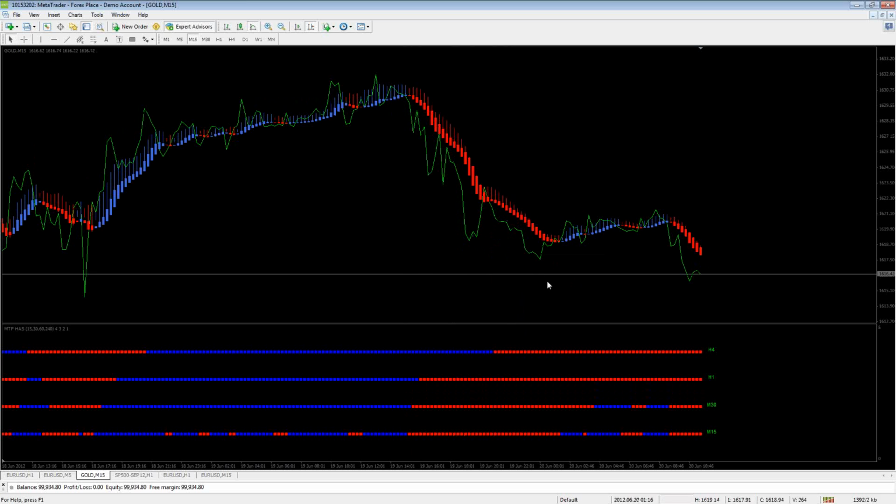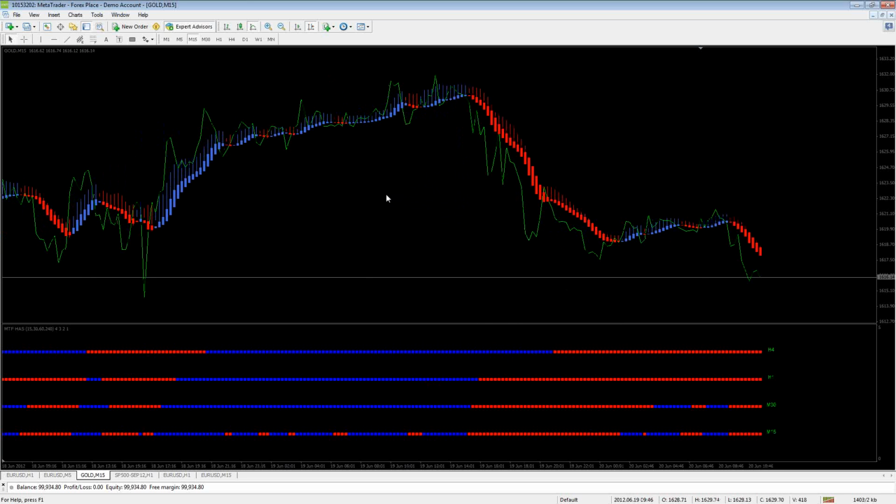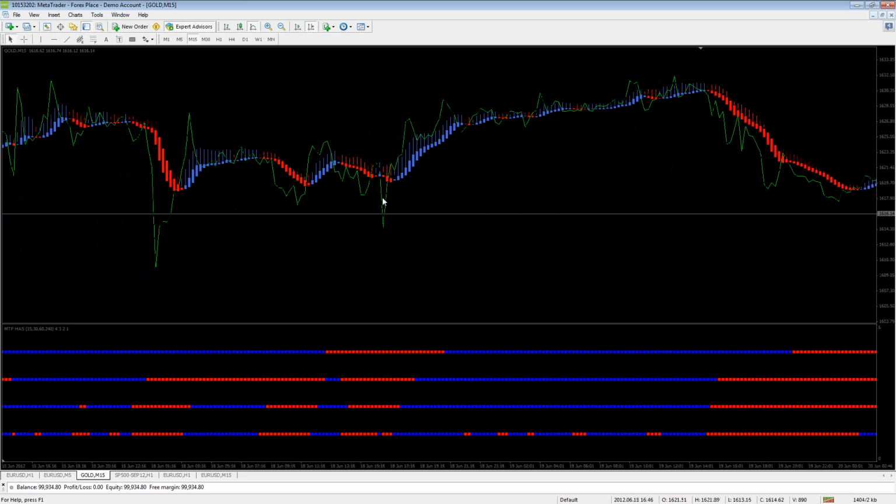Again, it's the 15-minute chart, so maybe the 4 hours just gives a general trend, and if you're just scalping, then waiting for 4 hours may not always be necessary. But if you do open trades when all time frames and all indicators are in accordance, then obviously your chances are higher.